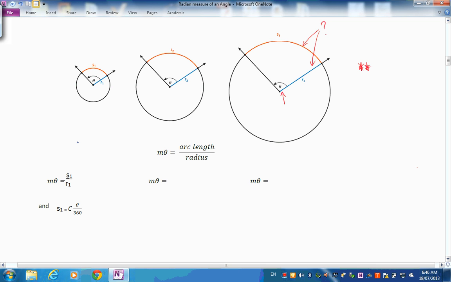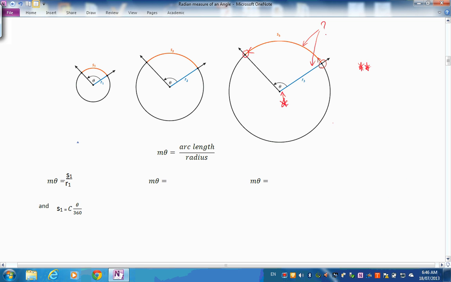Because then, let's go to modern times. Let's say we had a satellite moving across the skies from this point to this point over here. Wouldn't it be nice to say how far had it gone, or how fast was it going? If only we could connect this amount of opening to arc length and radius out there.